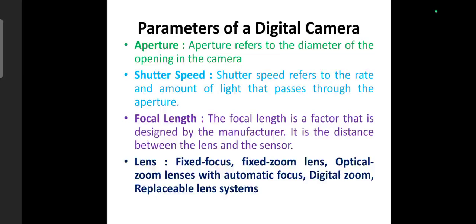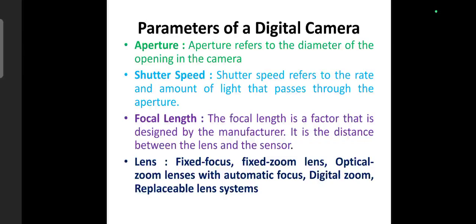The fourth parameter is the lens. The lens is one of the most important parts of any camera. It collects light from the object and focuses it accurately onto the image sensor. The slide mentions different lens types such as fixed focus lenses, optical zoom lenses with automatic focus, digital zoom and replaceable lens systems. Among these, optical zoom provides better image quality because it uses actual lens movement.